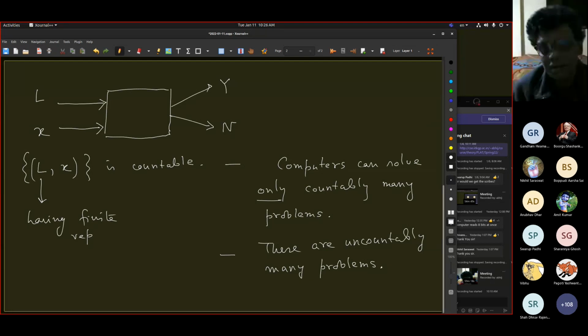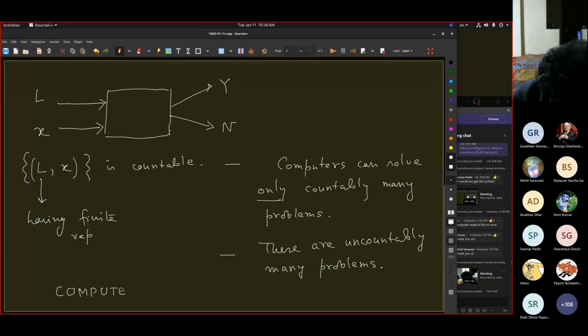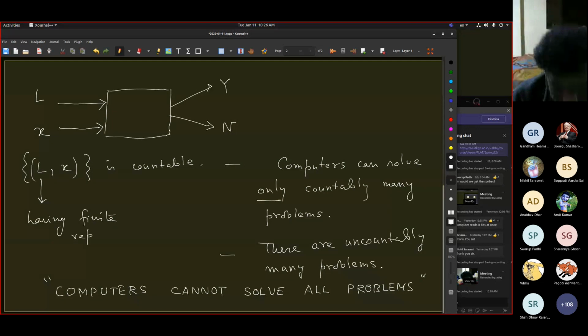So what is the consequence of these two statements? It is this, that computers cannot solve all problems. Sir, can you please explain the second point?